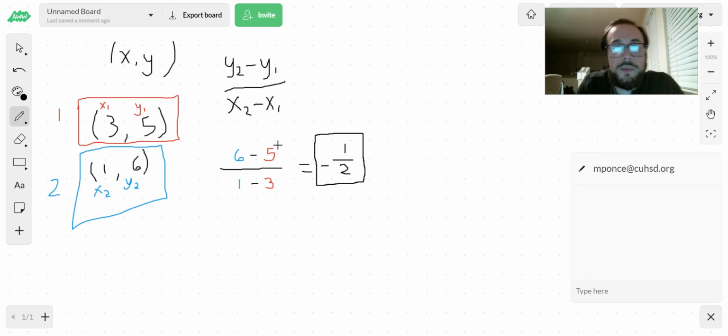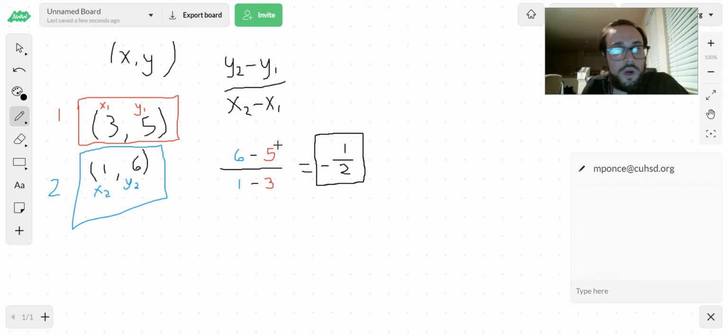Okay? So basically what we're doing is using a formula to be able to find the slope of 2 given sets of coordinate points. You take y2, you subtract y1. You take x2, you subtract x1. You put the first on top of the second, y's on top of x's, and you've got your slope.